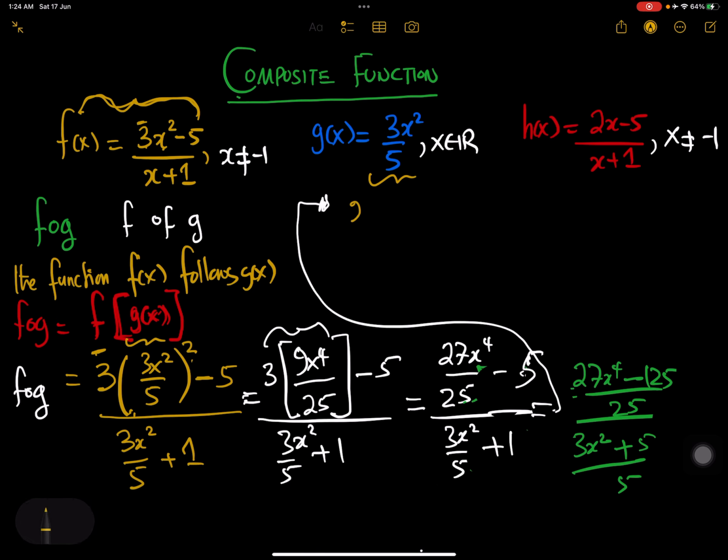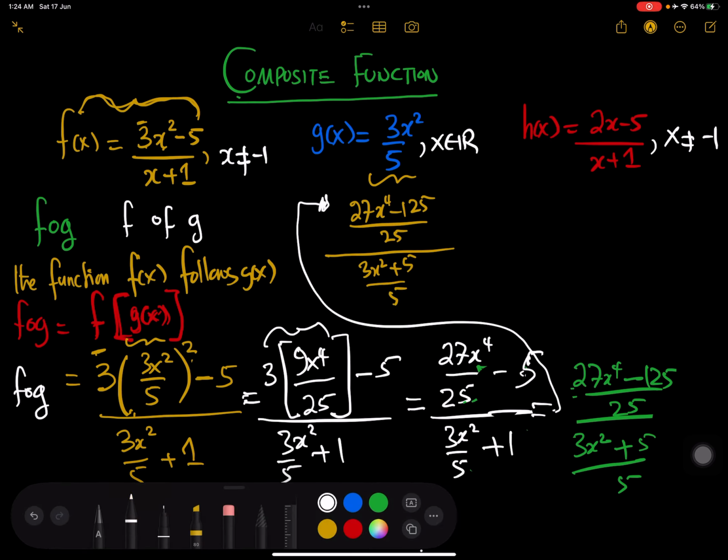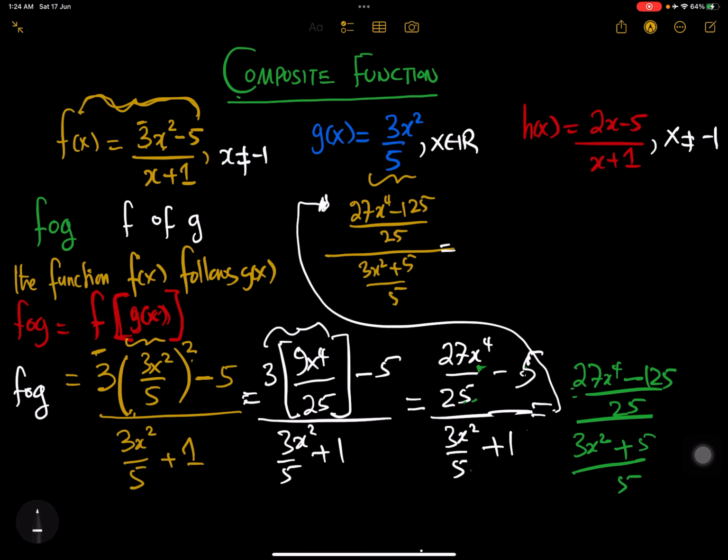We're going to have 27x to the power 4 minus 125 divided by 25, all divided by 3x squared plus 5 divided by 5. Don't be scared. This is simply this. The numerator is going to be 27x^4 minus 125 over 25, and this whole thing is going to be divided by 3x squared plus 5 divided by 5.